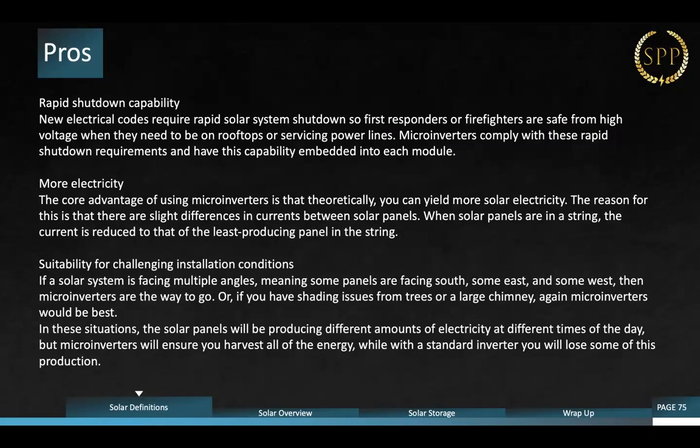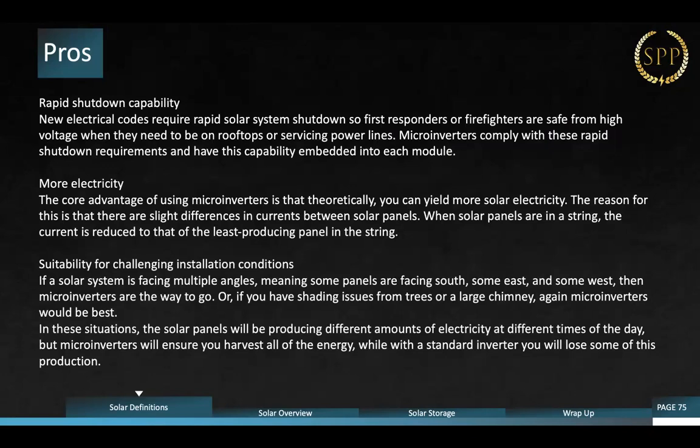Okay, so think about it. If you have multiple arrays, so let's say we split the system from east and west, during the first half of the day, if it's a string inverter system, you're going to be collecting all this power. Now you're not going to get direct sunlight on the other panels, but you're still going to be producing some of the power. On the other half of the day, that's going to flip flop.